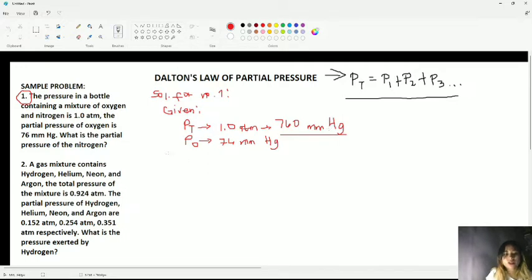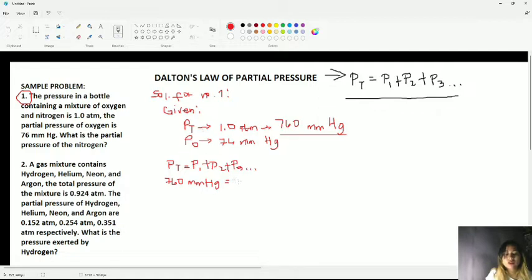Solution natin dito. First, gagamit tayo ng formula, which is yung sinulat natin, P sub T is equal to P sub 1 plus P sub 2 plus P sub 3, ellipsis na lang, and so on. Substitute lang natin yung given values. 760 millimeter mercury is equal to, ano yung given na partial pressure natin?